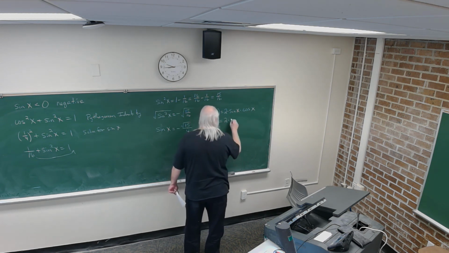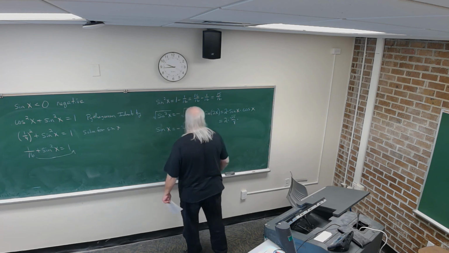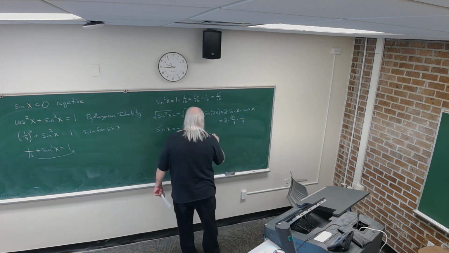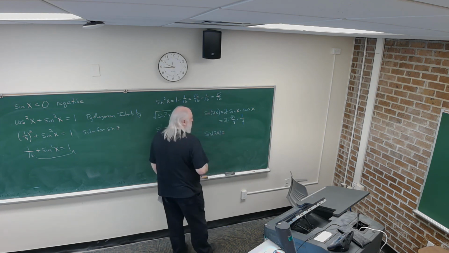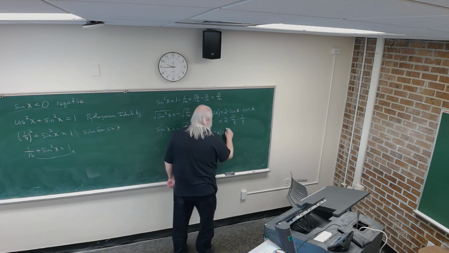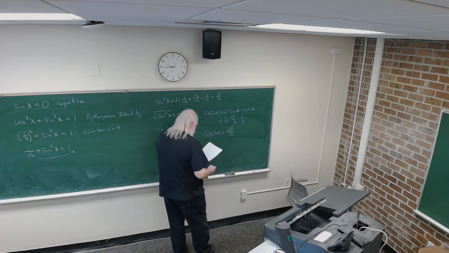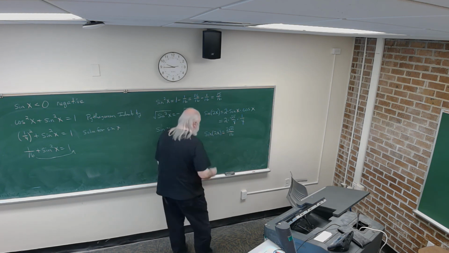Sine x is root 15 over 4. Cosine x is 1/4. So the sine of the angle 2x is 2 times the square root of 15. And 4 times 4 is 16. Well, 2 over 16 reduces to 1 over 8.